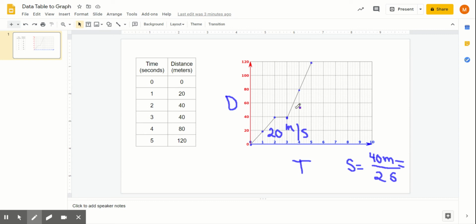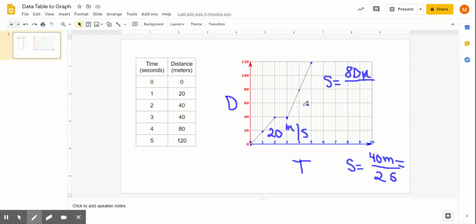So I'm going to calculate and see if I'm right. Let me see about the speed from here to here. Speed is equal to distance divided by time. I started at 40 and I went up to 120. So 20, 40, 60, 80. So I traveled 80 meters.